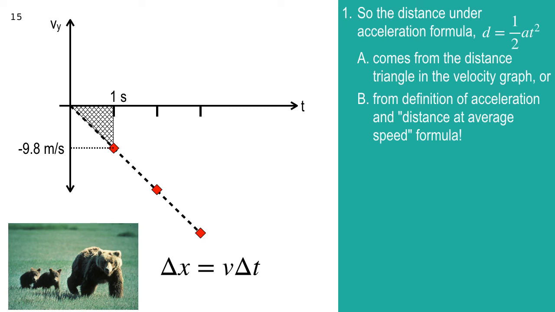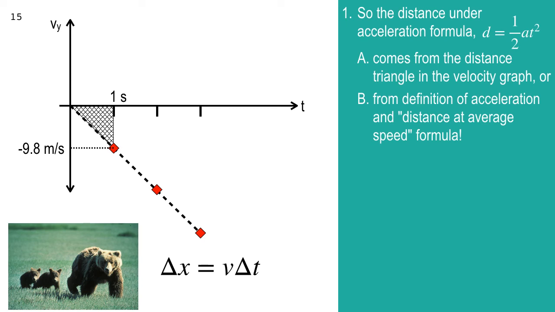So the distance at average speed formula is delta x equals v bar, average speed, times delta t. All right, so either one of these, if you analyze them, and these are separate analyses, one proceeds from the velocity graph idea and a fairly simple interpretation of the area between the velocity graph and the time axis.